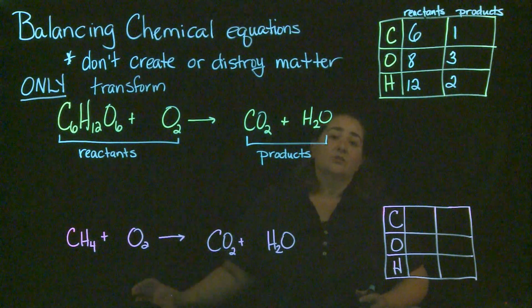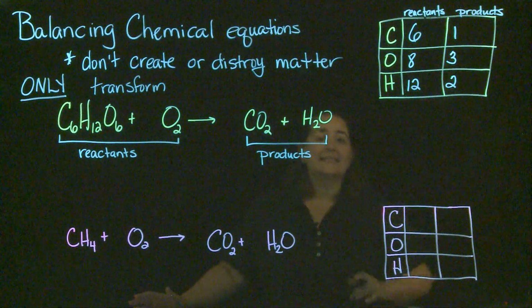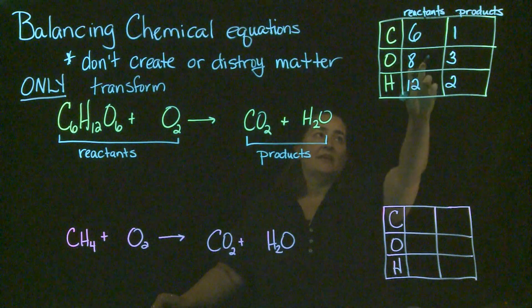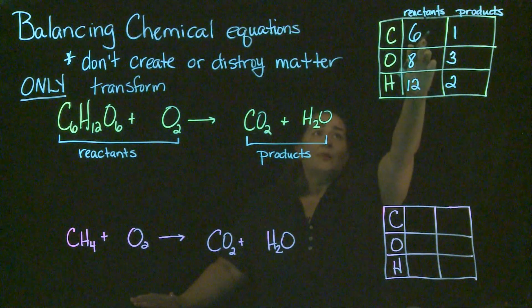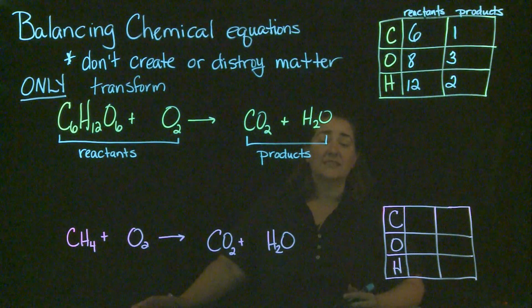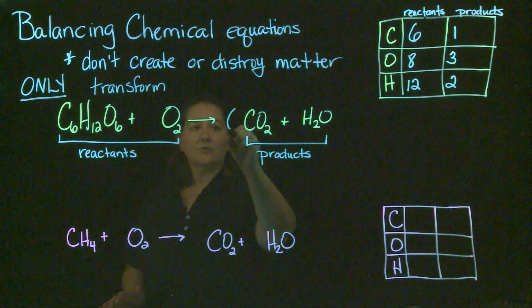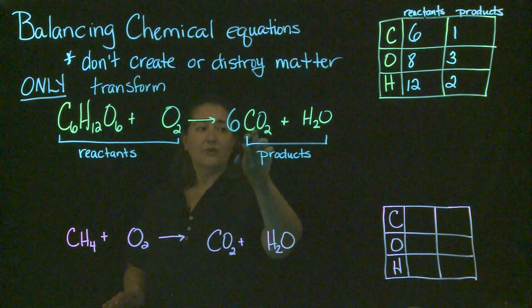So what we're going to do, typically I try to look at what's easy there. There's no easy way that I'm seeing to make 3 become 8, but there's an easy way for me to have 1 become 6. What we do is we put a number 6 in front of our carbon dioxide.